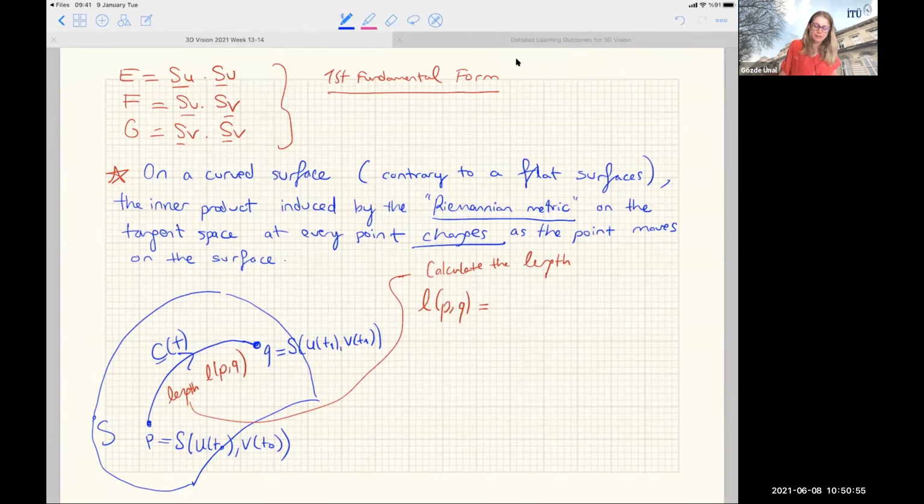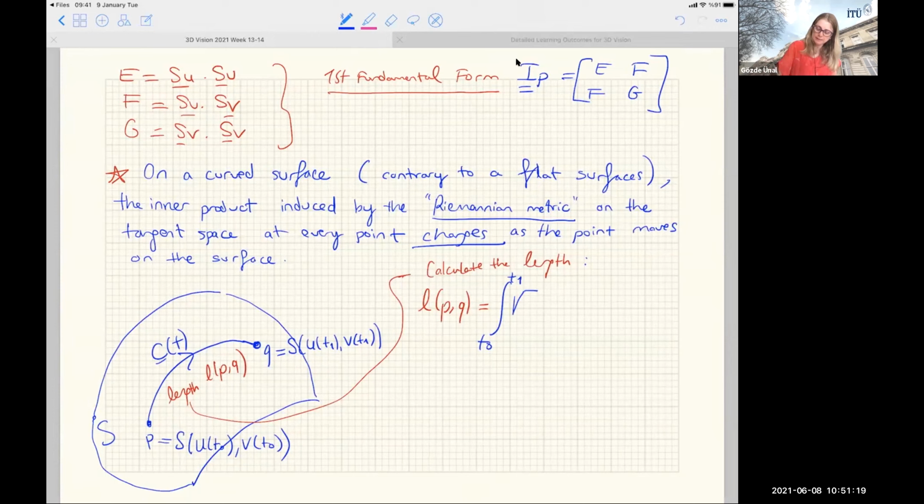The first fundamental form, I_P, was the matrix formed by E, F, F, G. L_PQ is the integral from t0 to t1. Remember, I can calculate the length as the arc length between those two parameters. However, this inner product now changes.